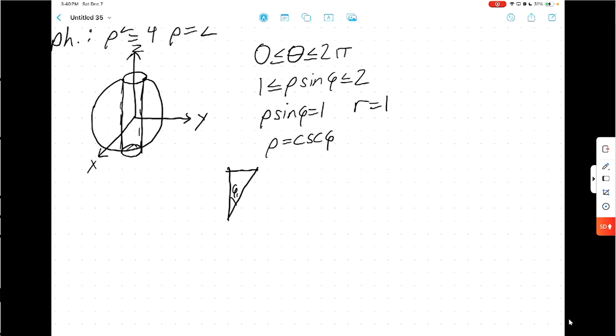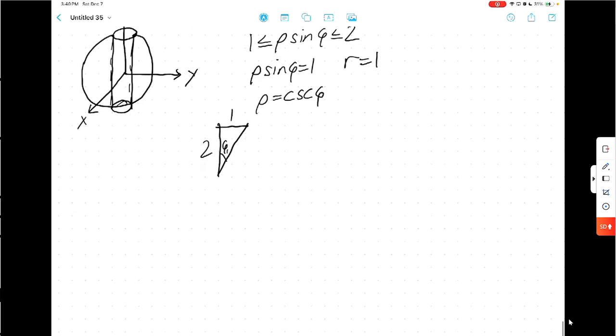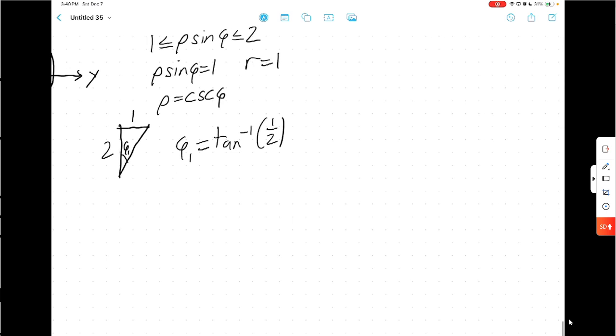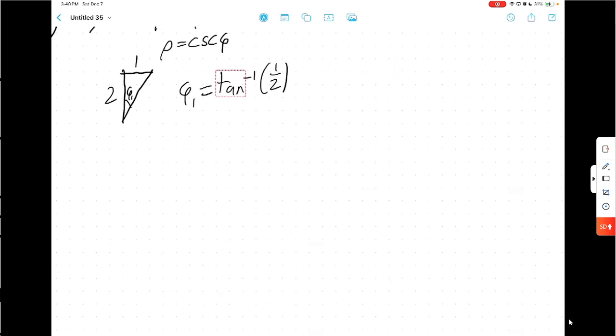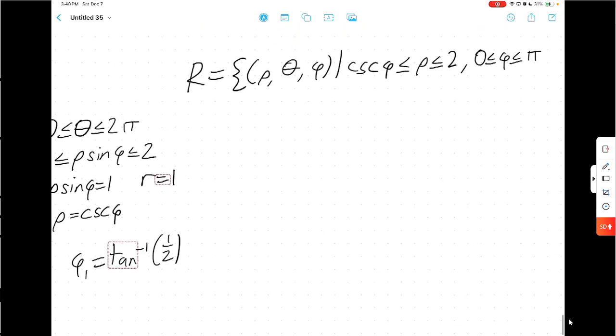The top here is going to be at a radius of 2, and the cylinder has a radius of 1. So phi 1 is going to be the tangent inverse of 1/2. I don't think there was an easy one for this.